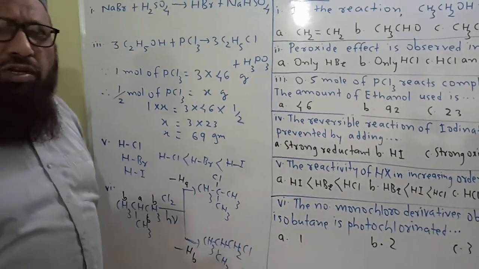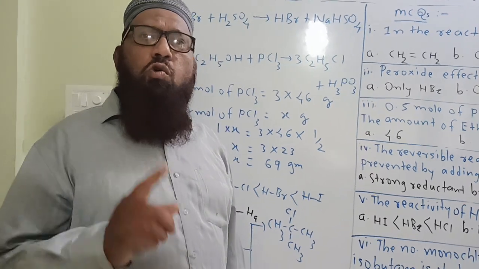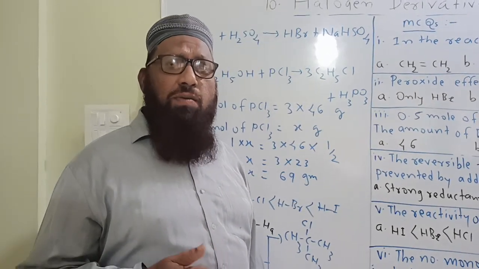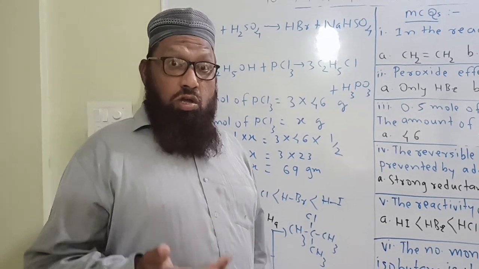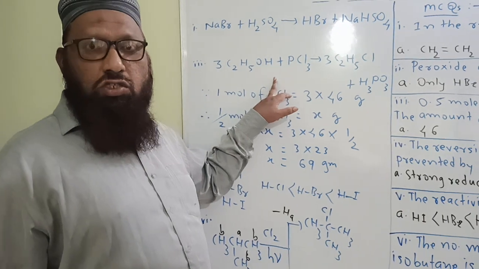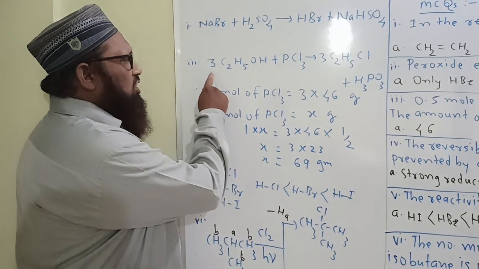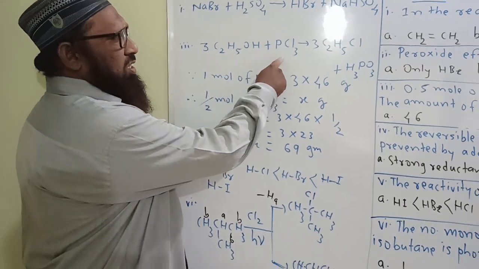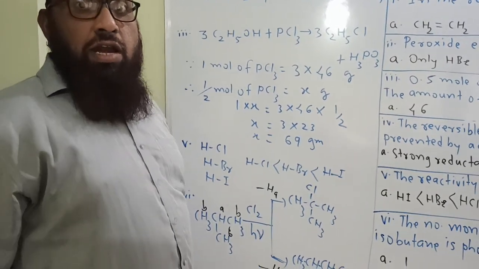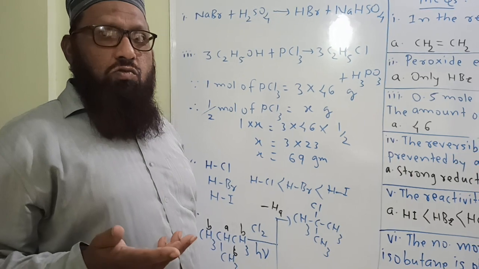I mentioned many times that 1 mole of PCl3 or PBr3 is capable of reacting with 3 moles of alcohol. Now look at the balanced reaction: three ethanol plus PCl3 gives 3 C2H5Cl.